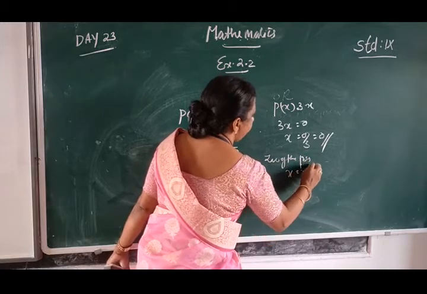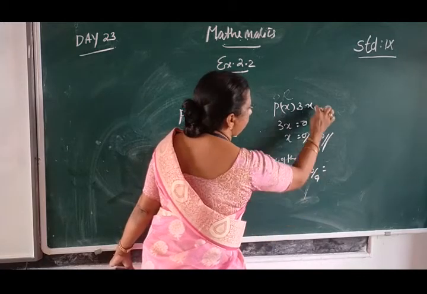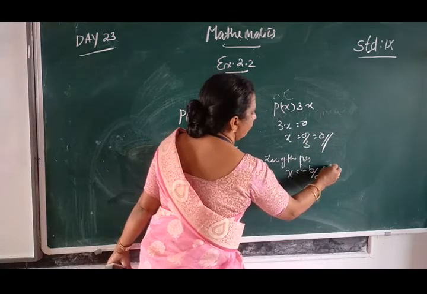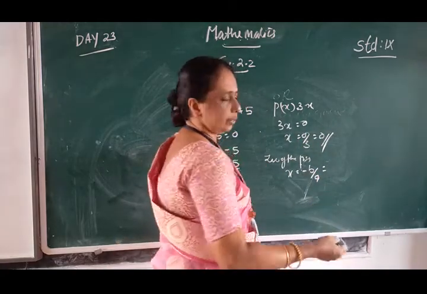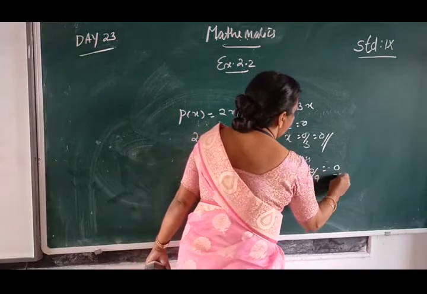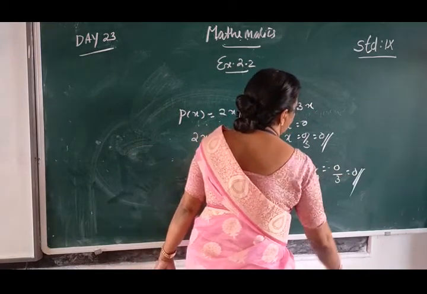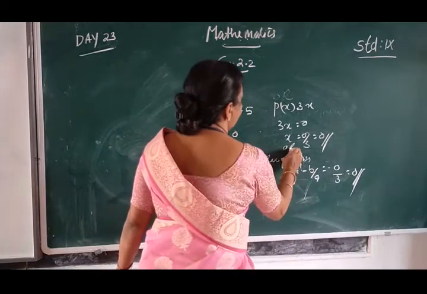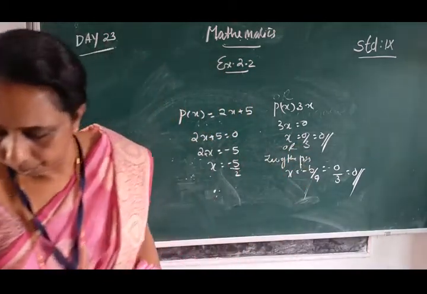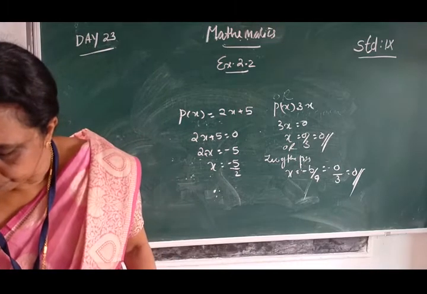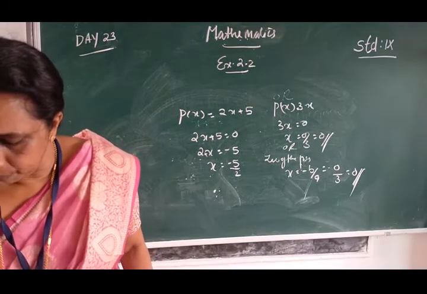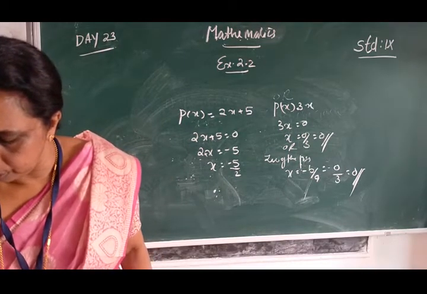X is equal to minus b by a. What is the constant here? That is 0. 0 is neither positive nor negative. So we can put 0 by a, 3. We get 0. Either one of the methods you can use. Then same type question, sixth one homework.